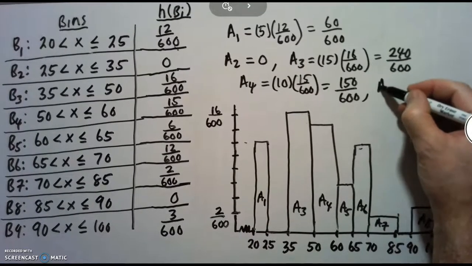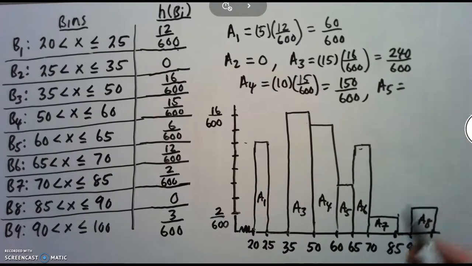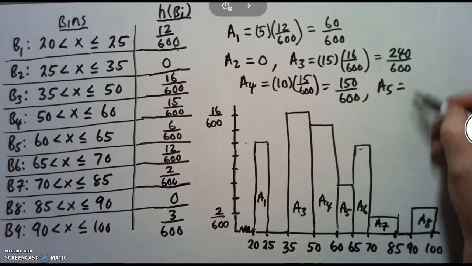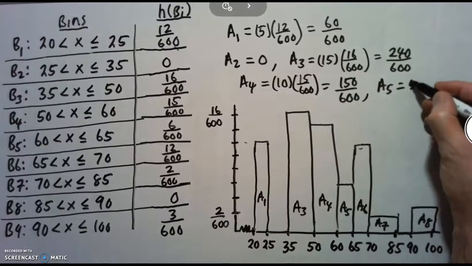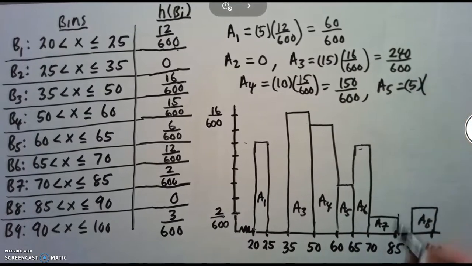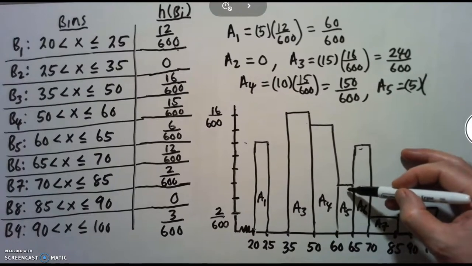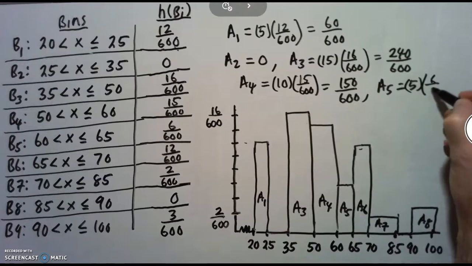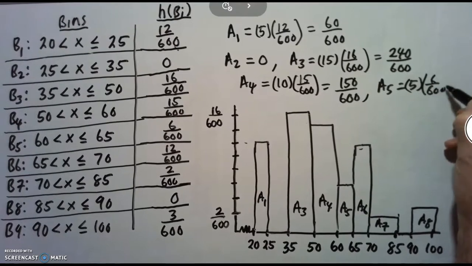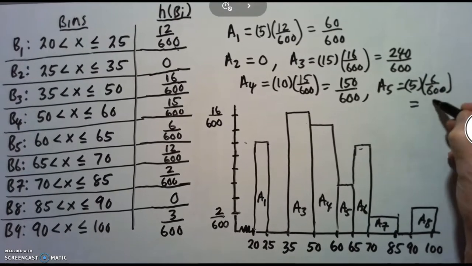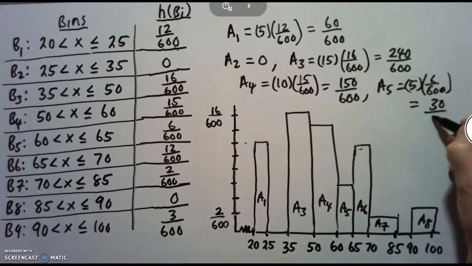A5, it's going to be 5, 65 minus 60, so it'll be 5 times the height of A5, so A5 would be 6 over 600. So it'll be 30 over 600.